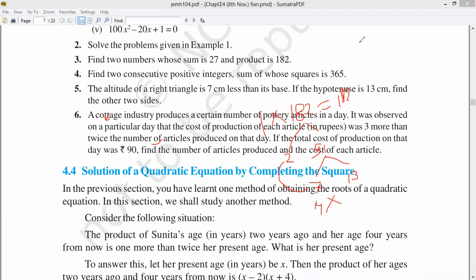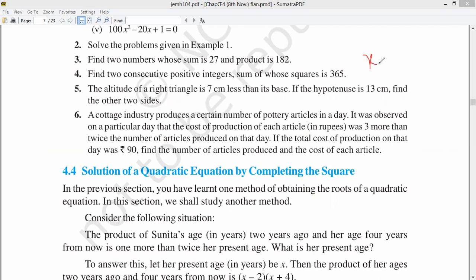Now the next one: find two consecutive positive integers, the sum of whose squares is 365. Consecutive positive integers are numbers that come one after another, like 1 and 2, 2 and 3, 3 and 4, and the difference between two consecutive positive integers is 1. Okay.